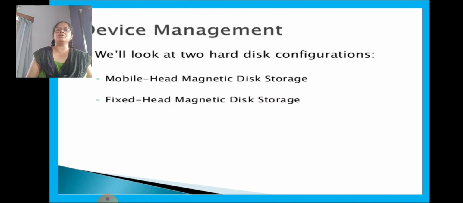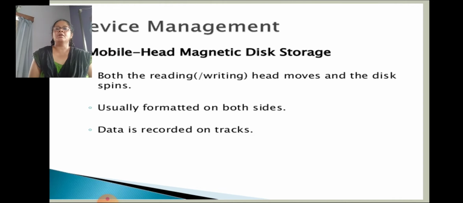We will look at two hard disk configurations: mobile head magnetic disk storage and fixed head magnetic disk storage. In mobile head magnetic disk storage, both the read-write head moves and the disk spins, usually formatted on both sides. Data is recorded on tracks.